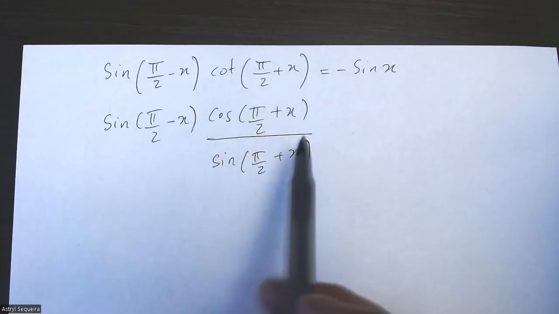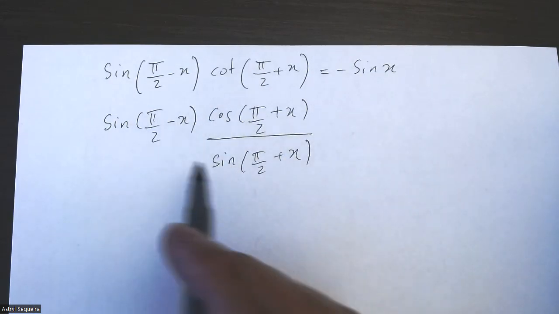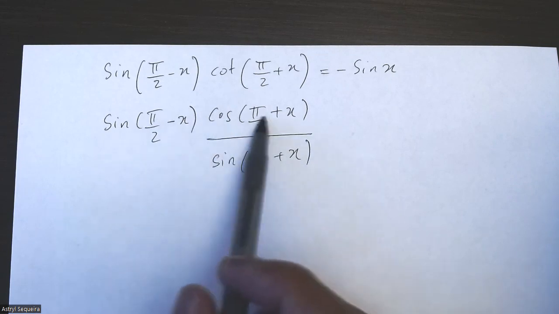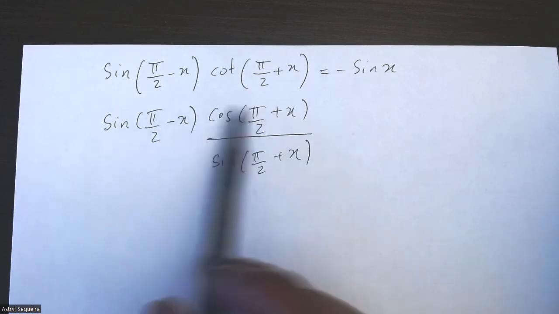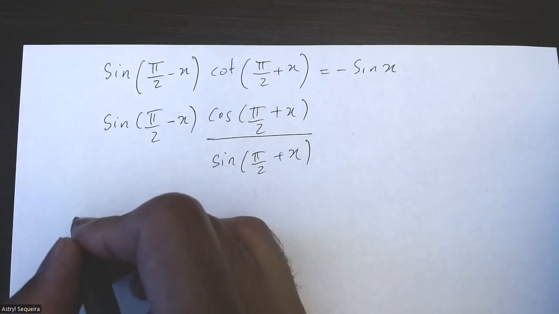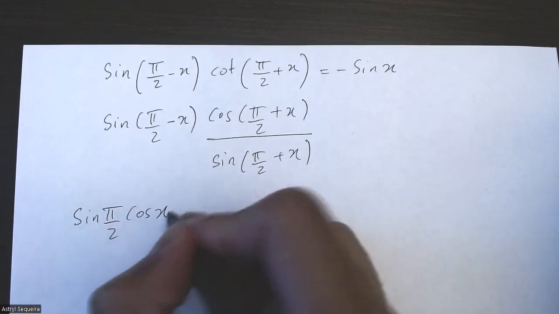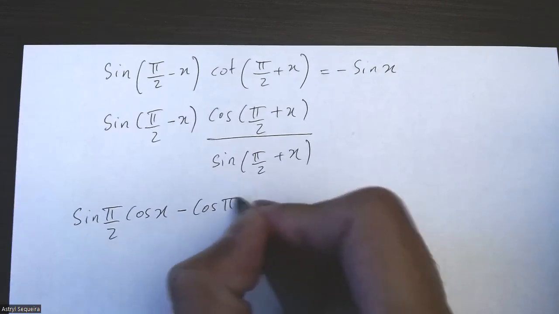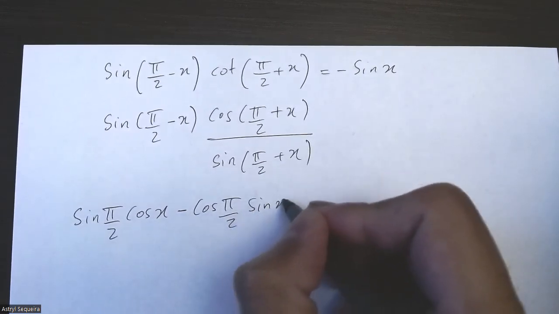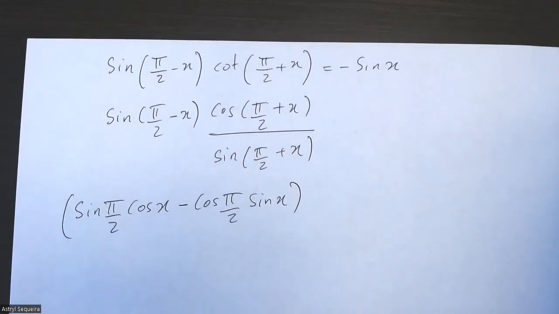Next, I'm going to use my compound angle formulas to split these up. Since these are multiplying and dividing, make sure to write them in factored form. So I'm going to have sine pi over 2 cos x minus cos pi over 2 sine x all inside a bracket.